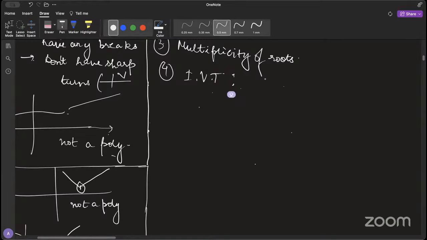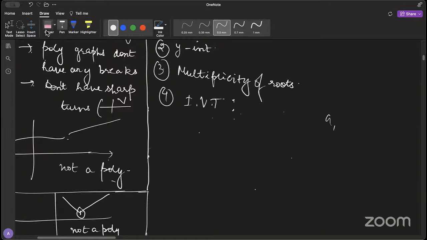That if, let's say, shall we do it with an example? Because I think A, B, C confuses everyone. Shall we take up an example instead of going by the proper definition? So let's discuss polynomials.